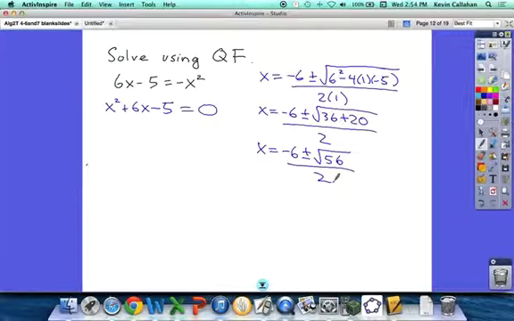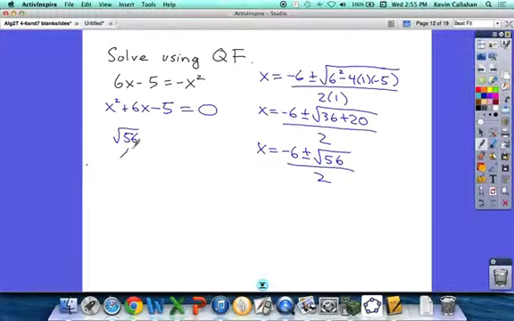So you look at 56 and say, is it a perfect square? No. Does it have any factors that are perfect squares? 9 times 6 is 54. Okay? 4 times 14. Right, the square root of 56.